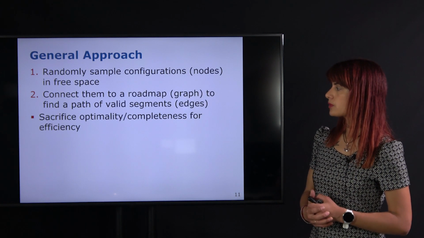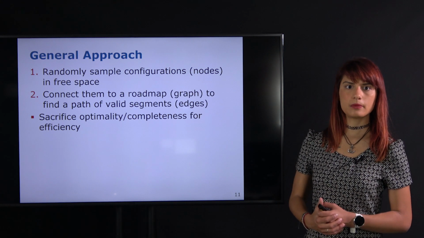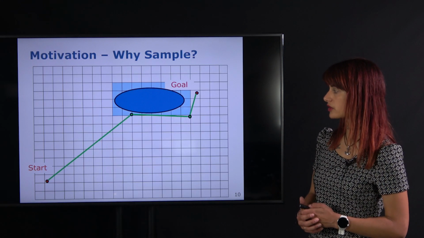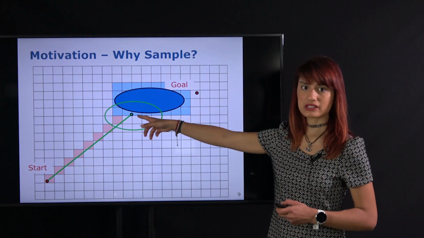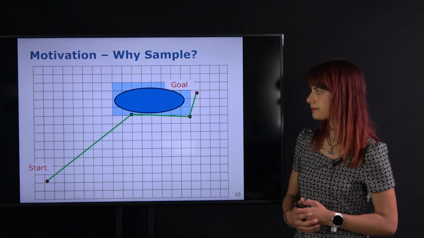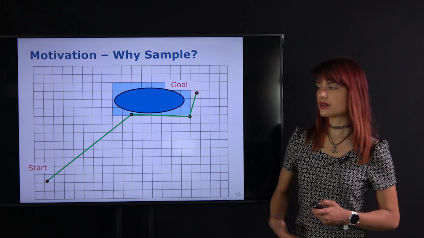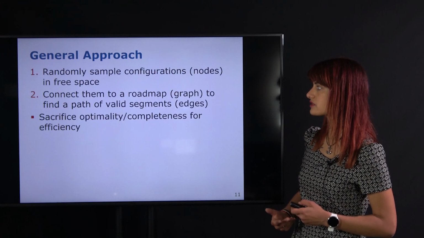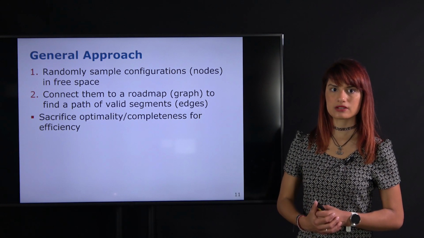And secondly, we also need a method of connecting them to our roadmap. So in this case over here, we first formed a straight line to the first intermediate node, and then the second one, and finally towards the end. So we're continually repeating this process of sampling and connecting. And these are the 2 key steps in the general approach of sampling-based planners.